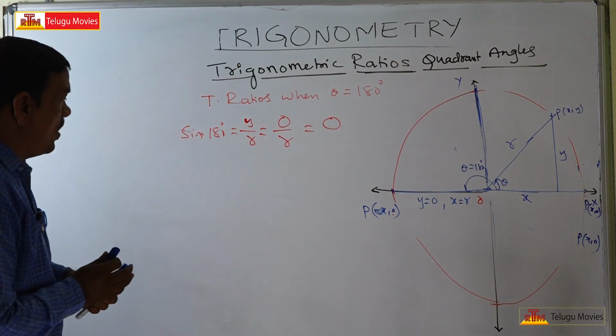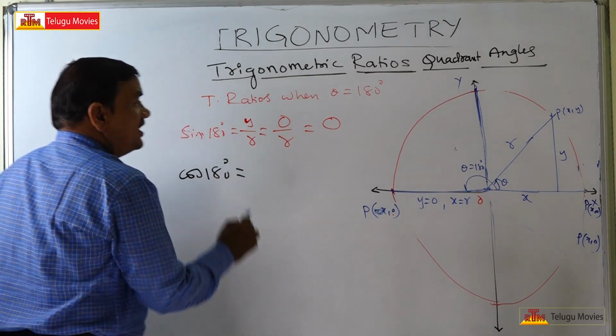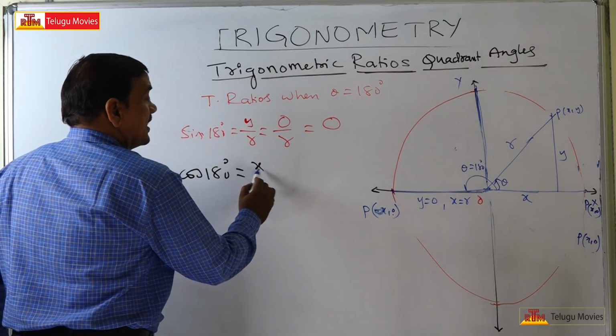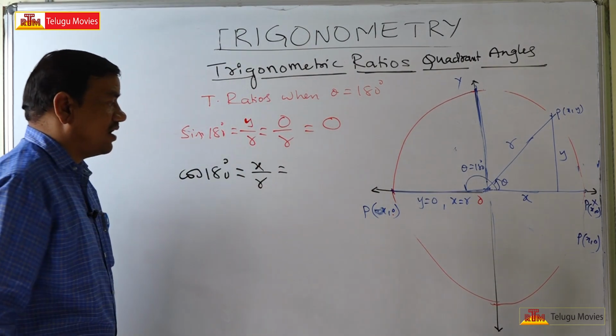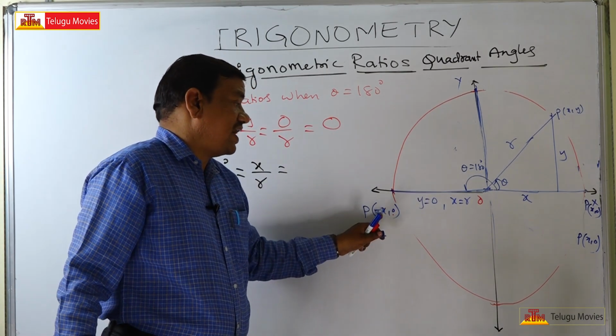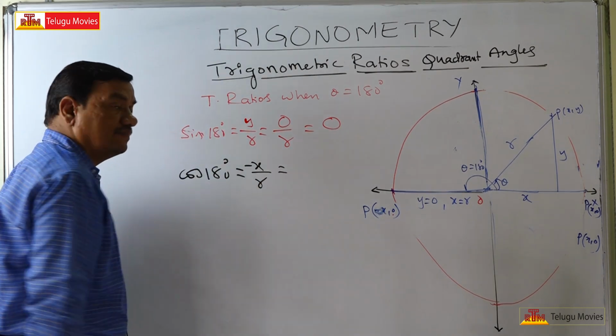Okay, now what about cos 180 degrees? The definition is x by r. Here the x value is minus x, so the actual expression is minus x by r.